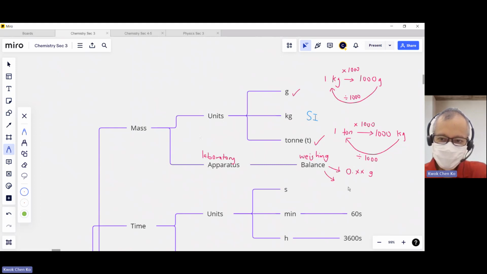Units will be in grams. And for the analytical balance, they are a lot more accurate and they typically go down to 4 decimal places in grams. So just keep that in mind. This is for the general top-pan balance. And this is for the more accurate analytical balance.